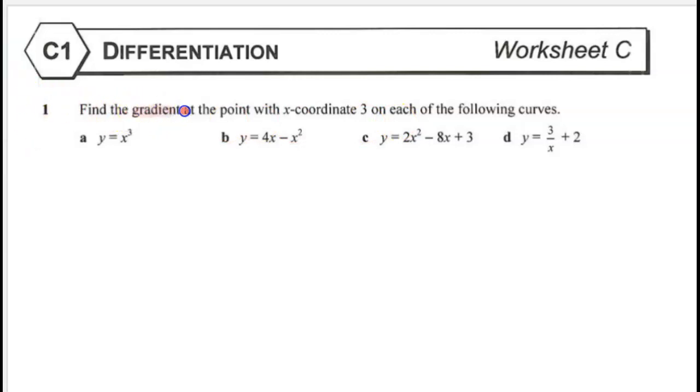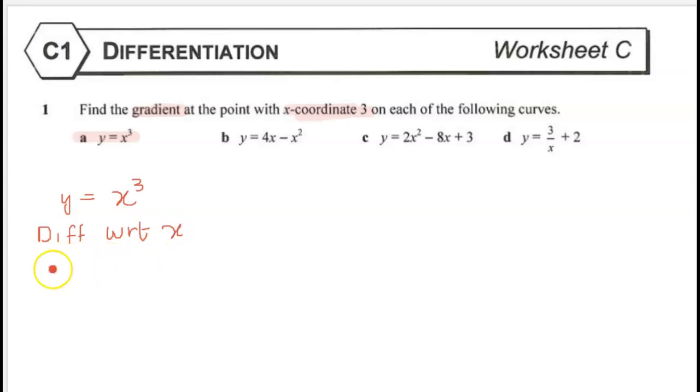Now to find the gradient when x is 3, now gradient is dy over dx. So let's start doing that one. The gradient is dy over dx. So you're going to write down y equals x cubed. Now you need to differentiate with respect to x.